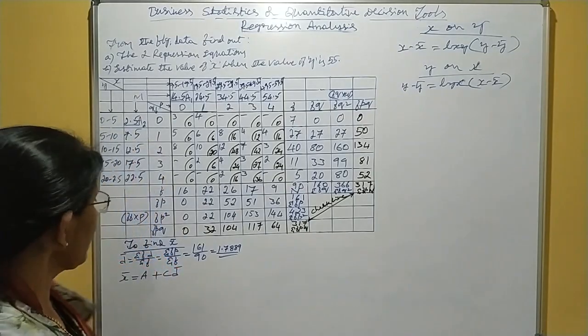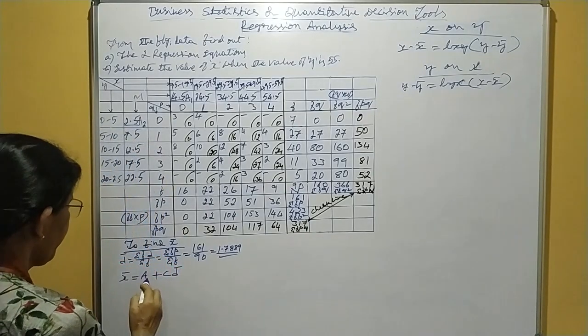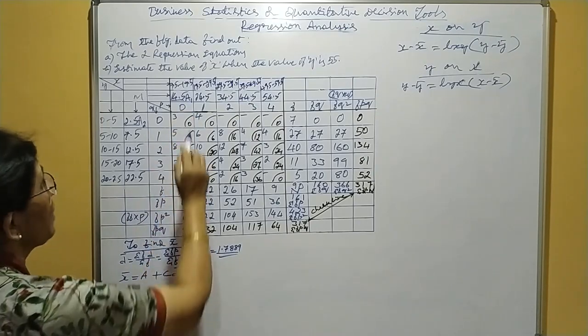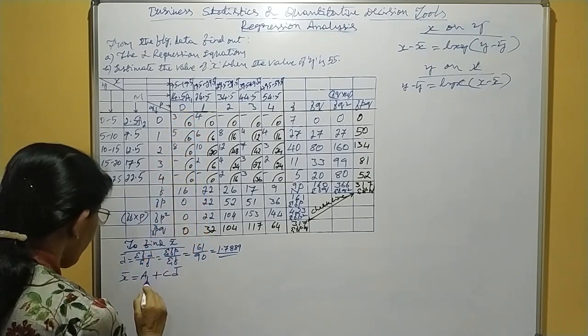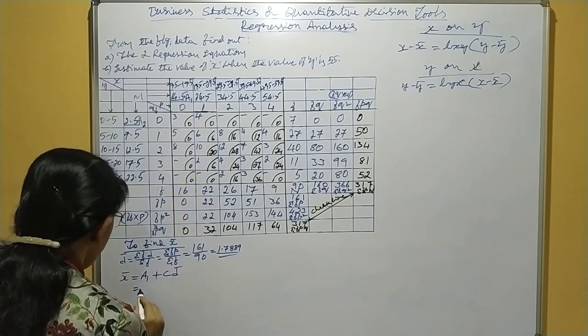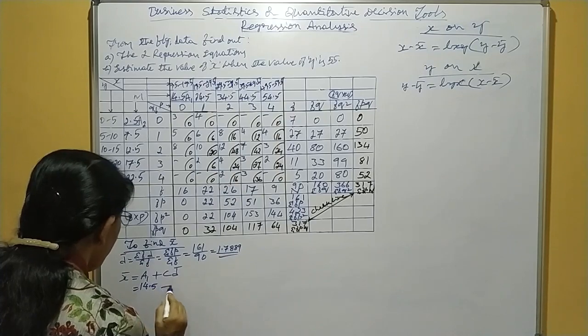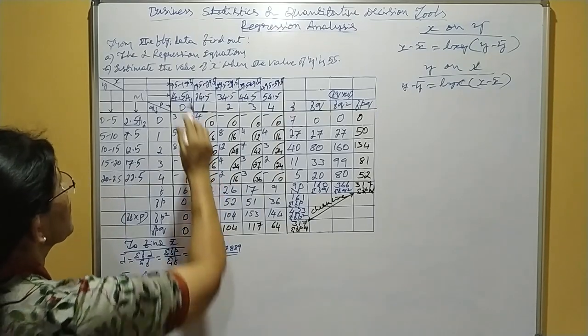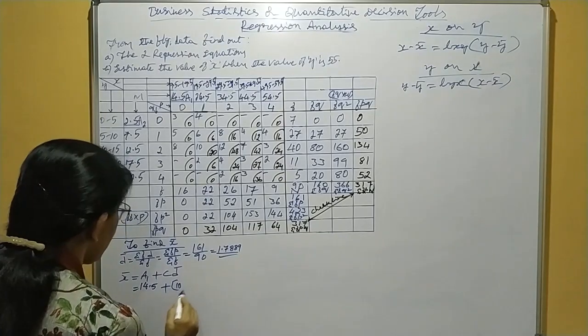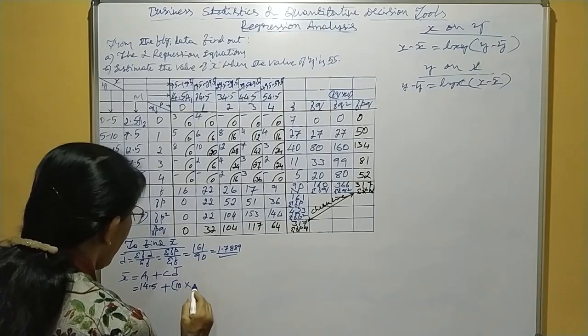Therefore, to be particular, in case of x bar we have to take a1. Now, a1 is how much? 14.5 plus c, the common class interval of variable x, is 10 into d bar.